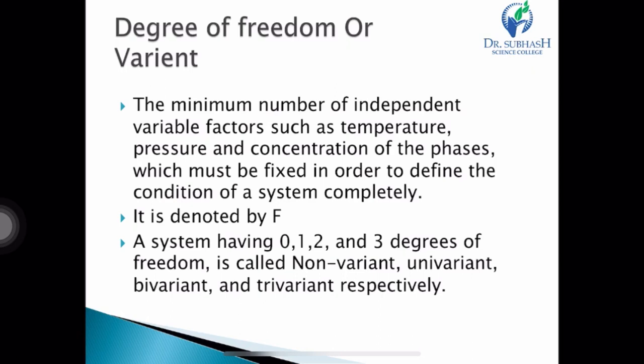So what is the definition? The minimum number of independent variable factors such as temperature, pressure, and concentration of the phases which must be fixed in order to define the condition of a system completely. It is denoted by F.